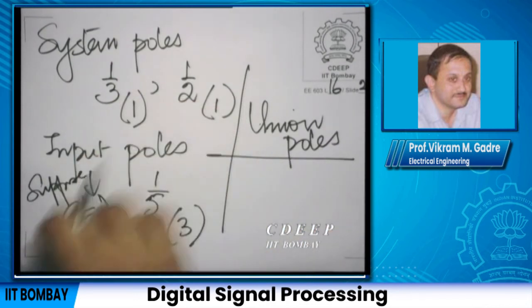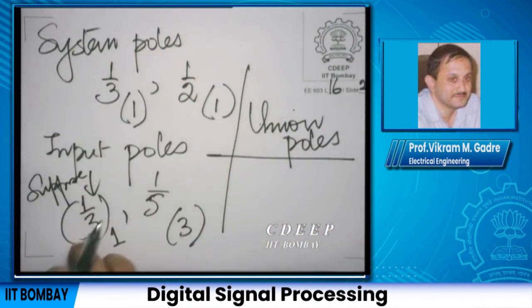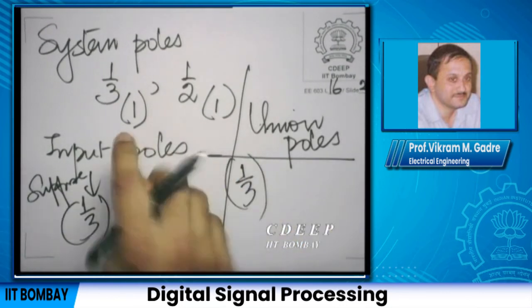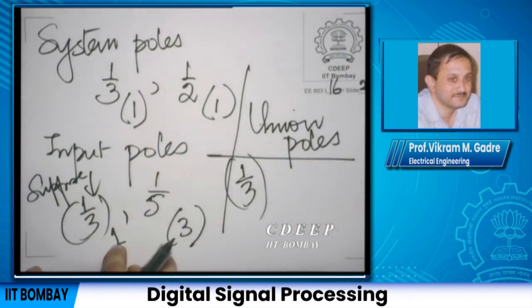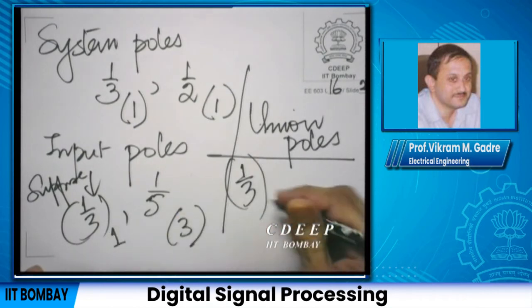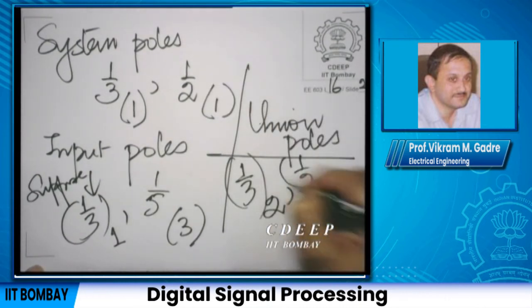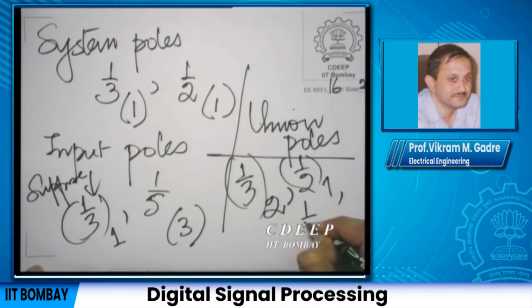Now, look for the common poles. Which are the common poles? 1/3 is common. Now, 1/3 occurs with multiplicity 1 here and multiplicity 1 here. So, in the union it will occur with multiplicity 2. 1/2 occurs with multiplicity 1. 1/5 occurs with multiplicity 3. This is the set of union poles.